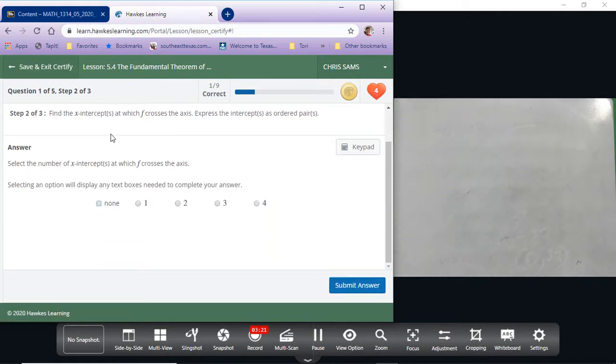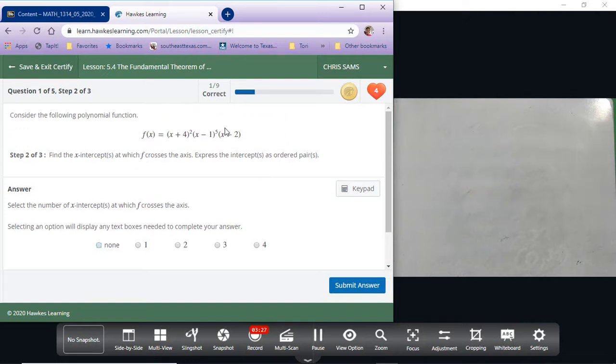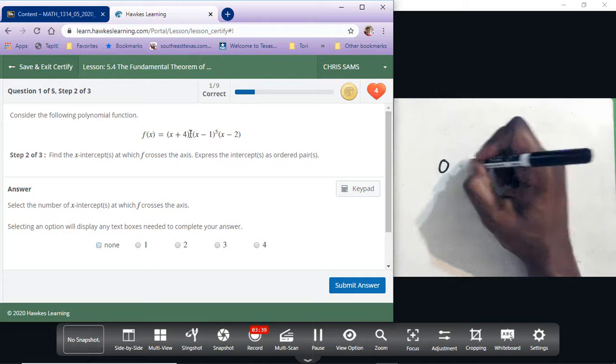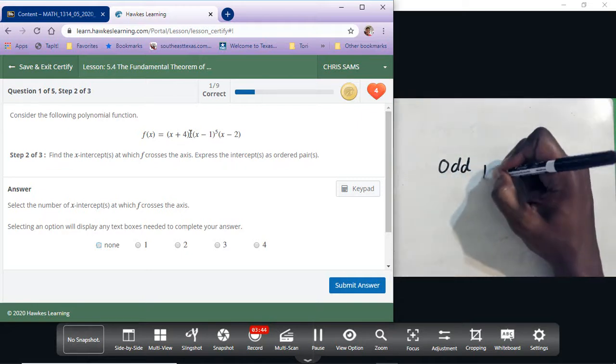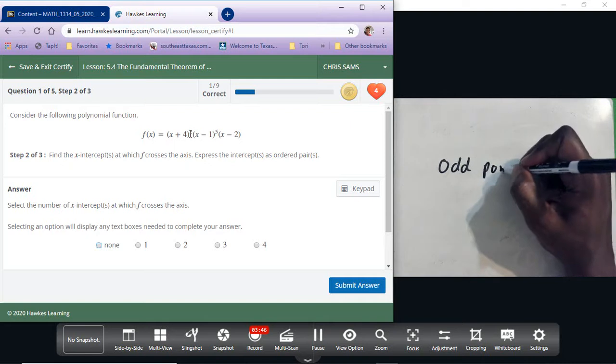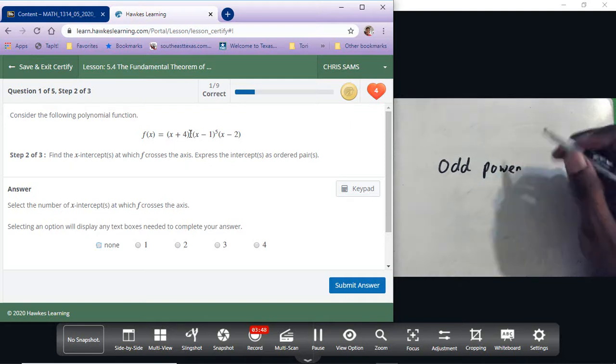Step 2 wants us to find the x-intercepts, where f crosses the x-axis. Okay, so if we were to graph this, we would have at most 8. But look at the power. The power is going to tell you which ones cross. So odd exponents cross. If it's an odd power, it crosses.